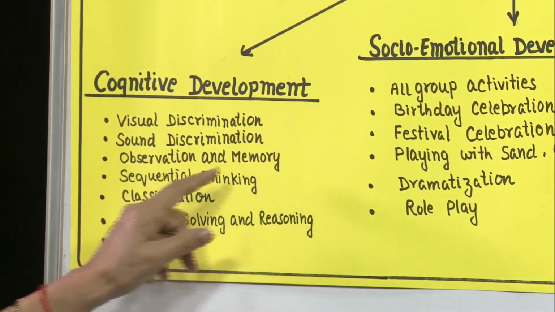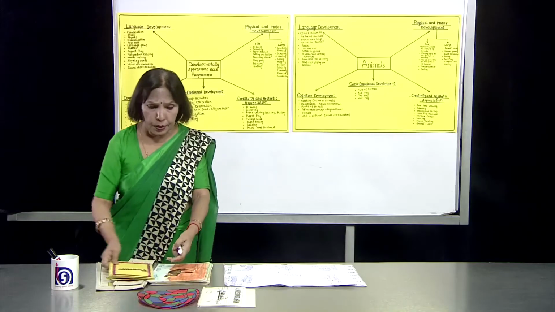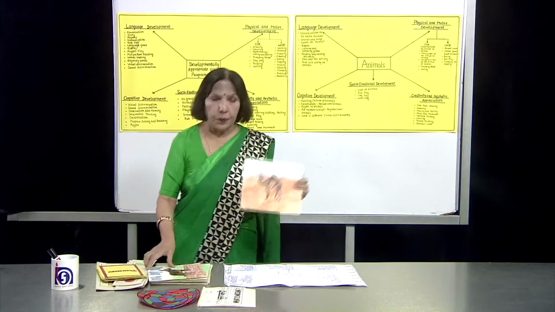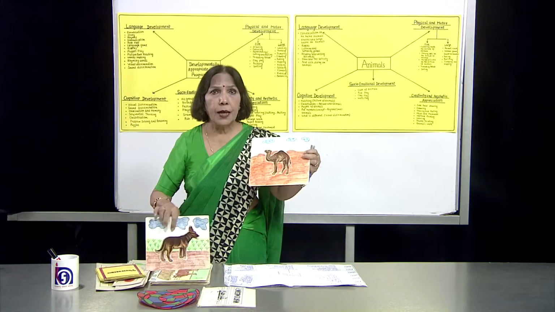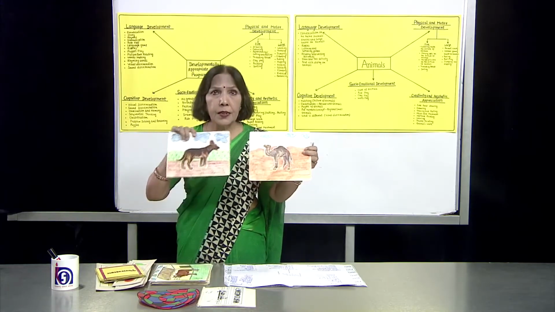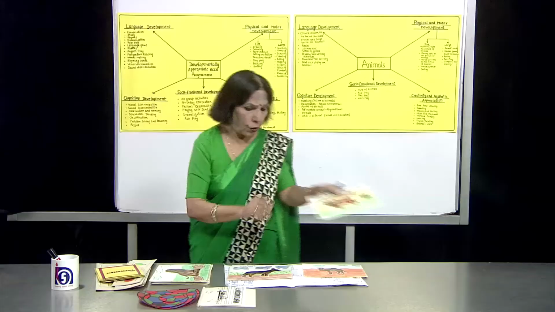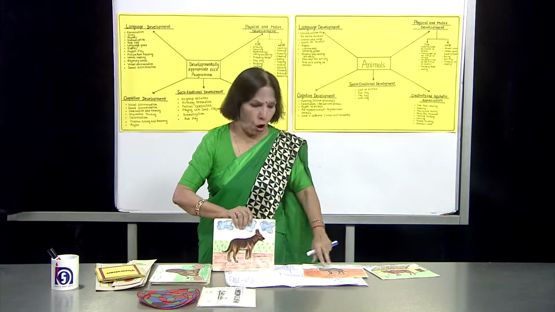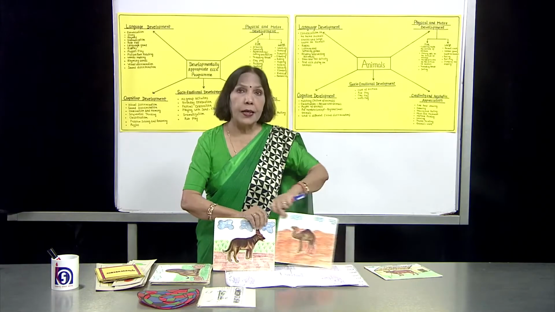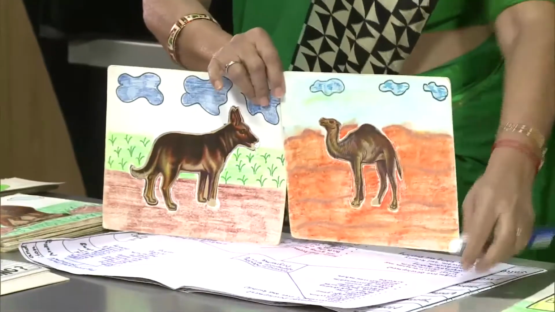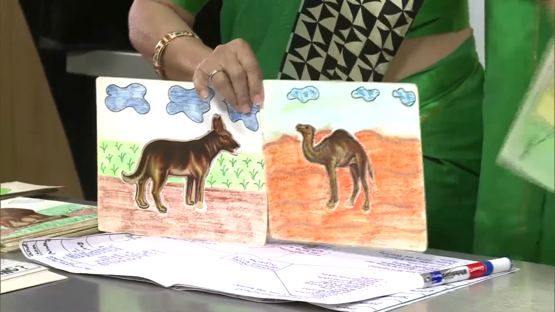Now, observation and memory. Suppose here one picture, camel, this is dog and this is cow.